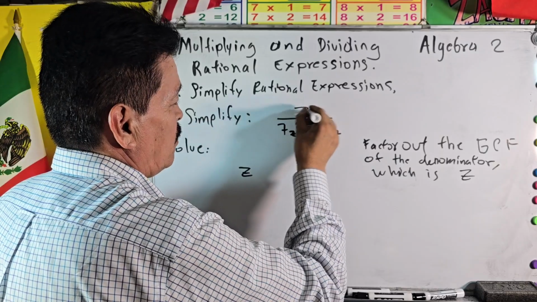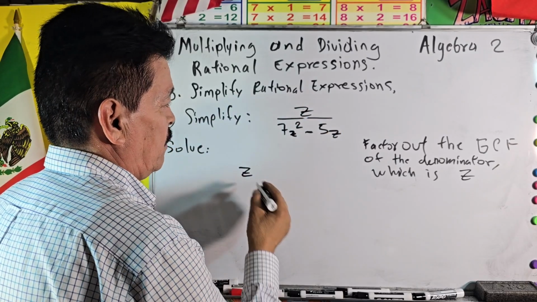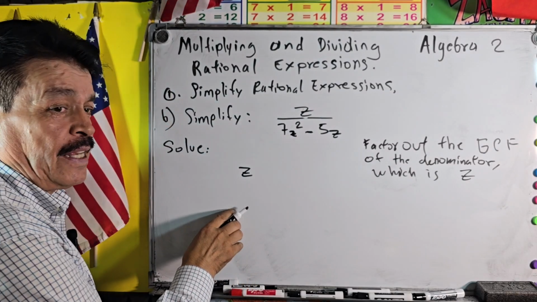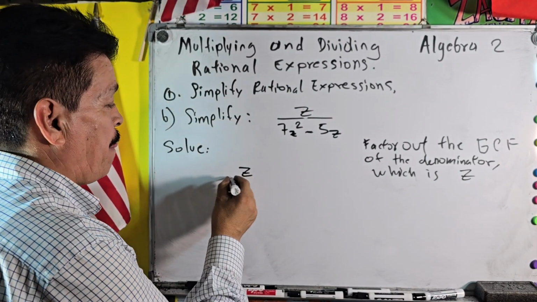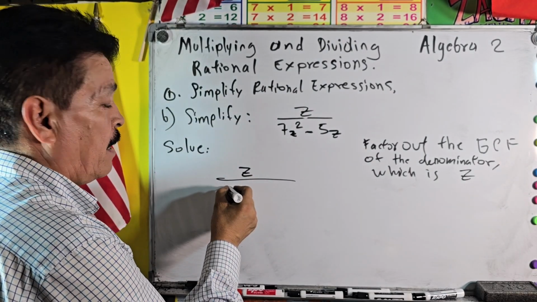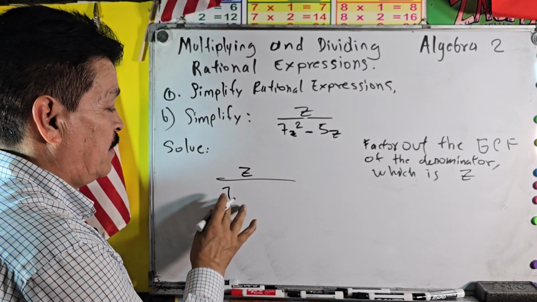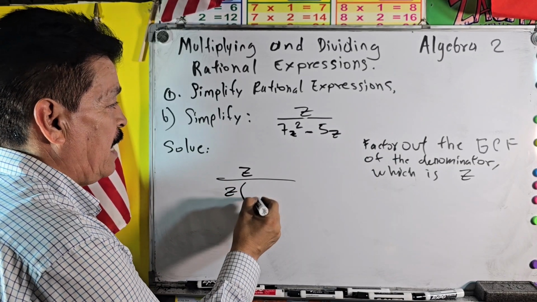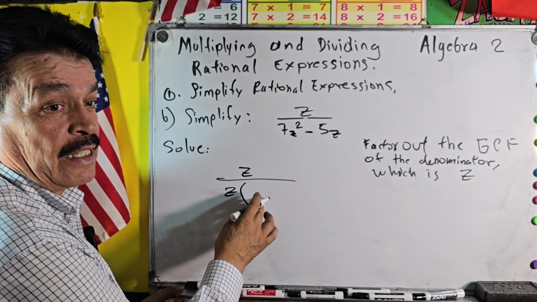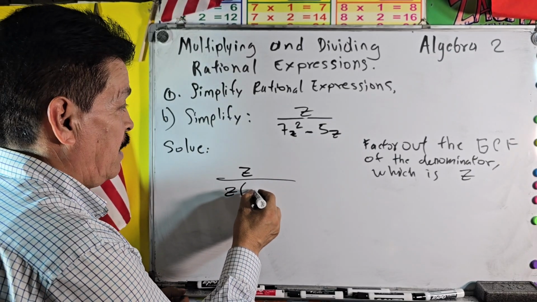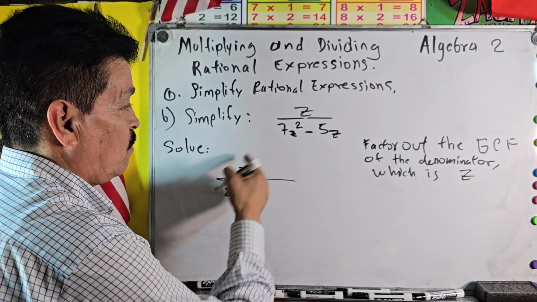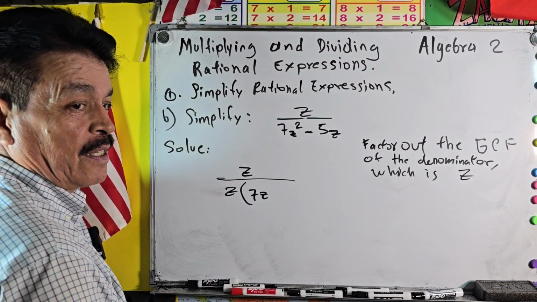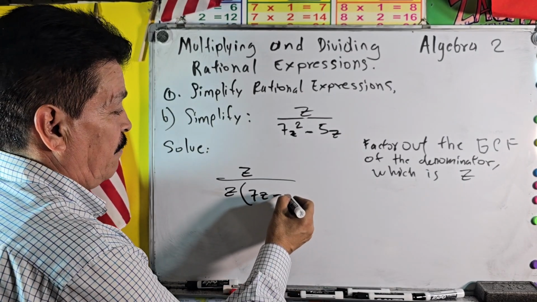Let's write C here because it would be very confusing for you. Outside, C times, inside, 7z squared, because this is a square, minus 5 in the bottom.